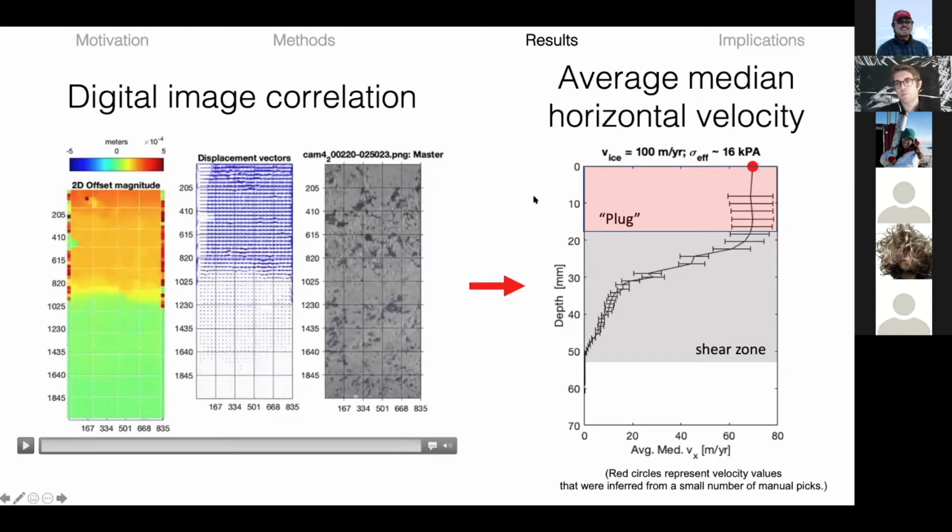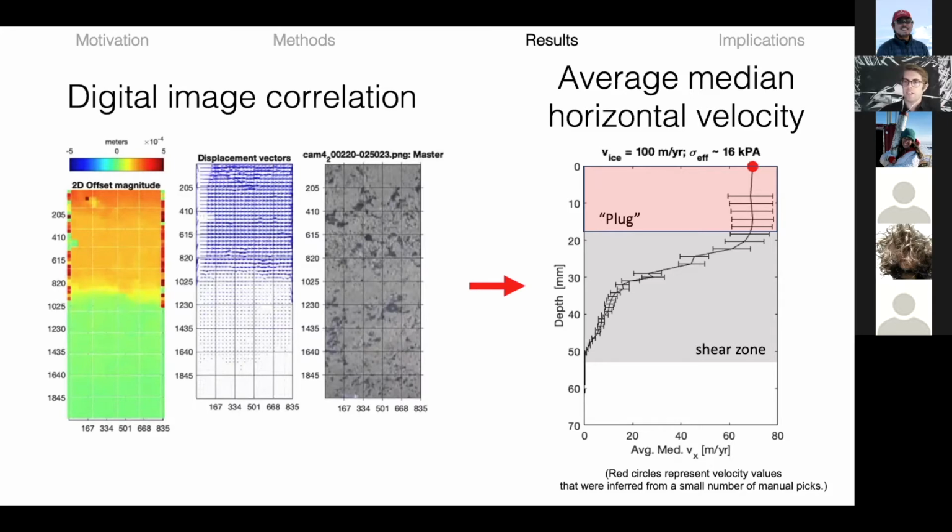From this, we can calculate an average median horizontal velocity profile, which is essentially taking the time series of images that you're interested in over some period, taking the median at each data point, and then averaging it with depth. What we see in a lot of the experiments is that this curve is partitioned into two zones. There's a plug of sediment that moves at a relatively constant velocity at some fraction of the sliding velocity, under which is a monotonically decreasing shear zone.